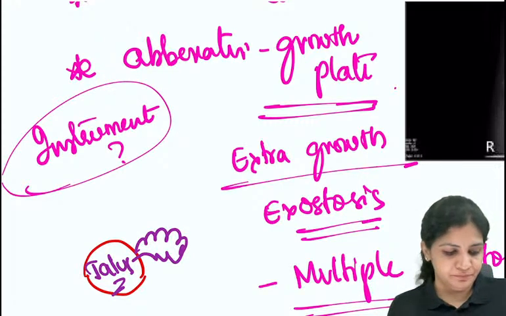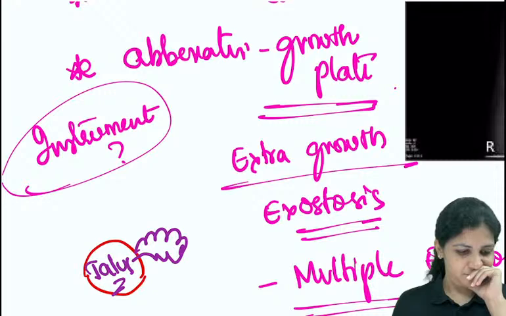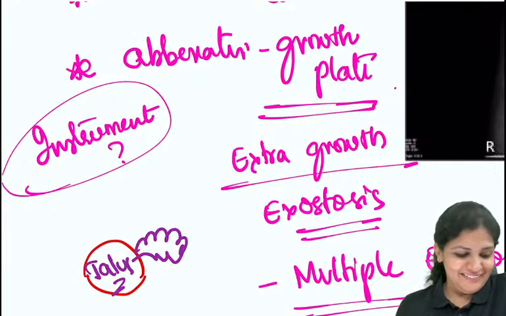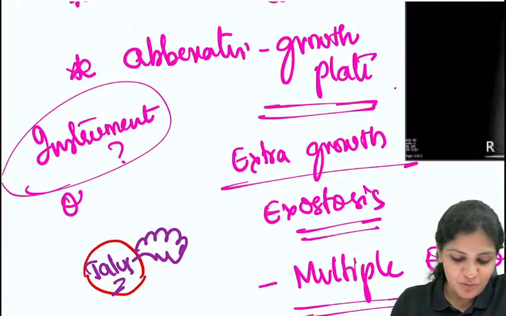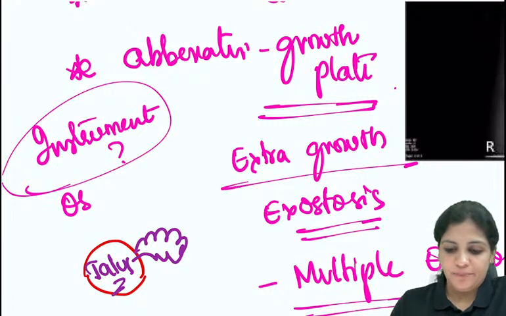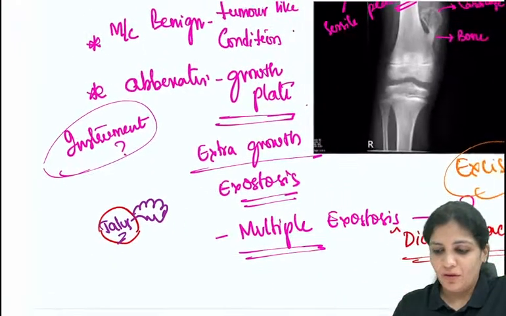So the instrument we use is, okay, good. Ops and gynae, very interesting, very good. So now let me know what is the instrument we are going to use to remove this osteochondroma.